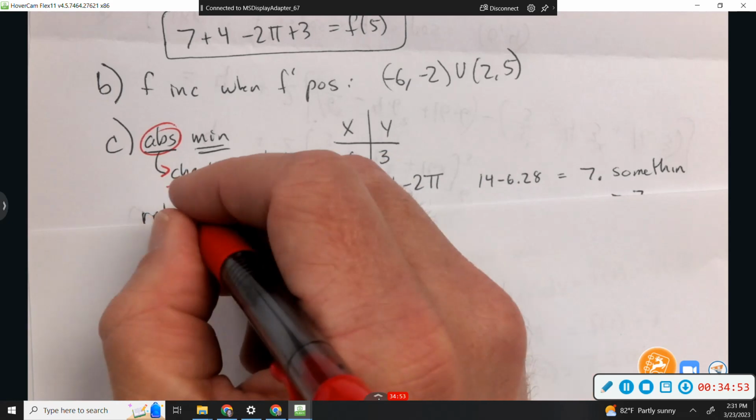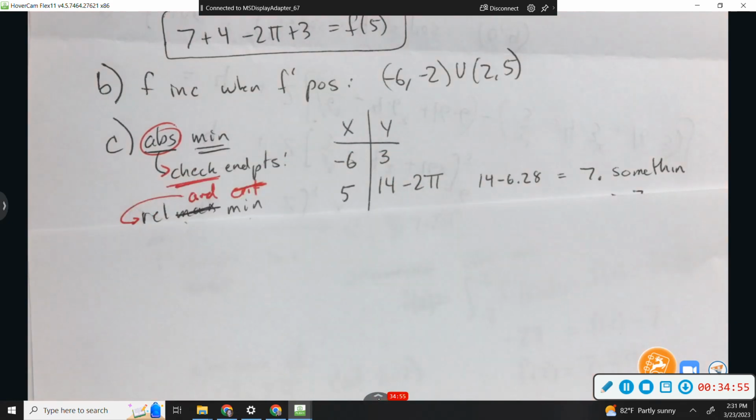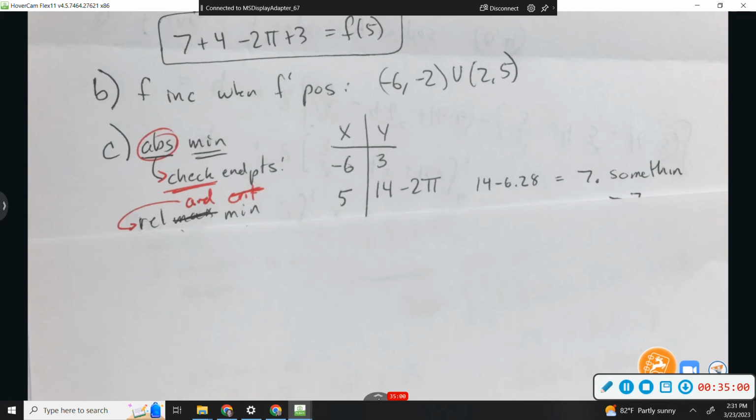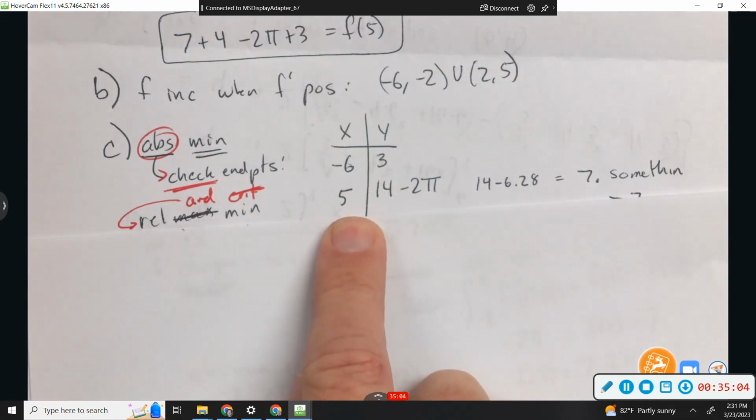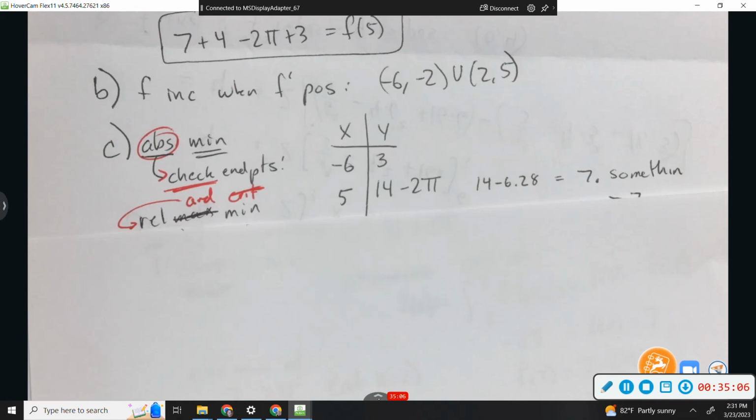A relative max is not going to be the absolute max. So I think, okay, I've got to find f of negative 6 and f of 5. Well, that's convenient. That's what they already had me find. So they pull that trick a lot, where it doesn't always work that way, where you need previous parts of the problem, but sometimes they do that to you.